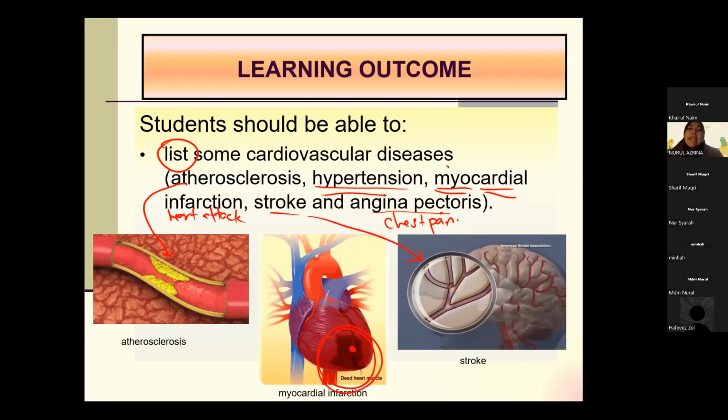Itu adalah angina pectoris, occasional chest pain that actually indicates berlakunya myocardial infarction ataupun dah berlakunya ada start lah death of cardiac tissue. Okay, right. So that is all that you have to know about some of the cardiovascular disease.